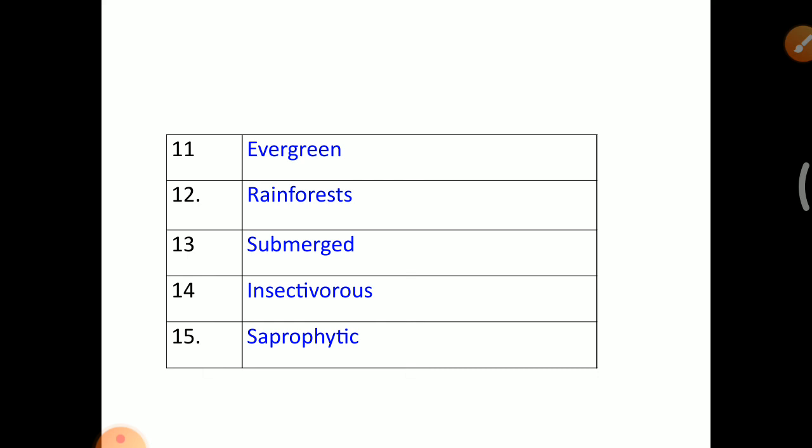13th one, submerged. 14th one, insectivorous. 15th one, saprophytic.